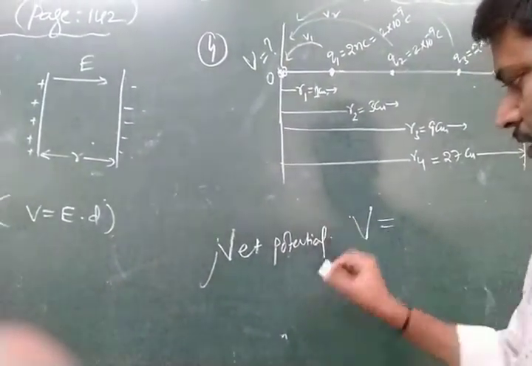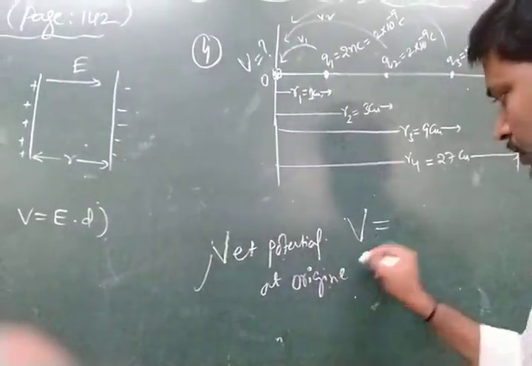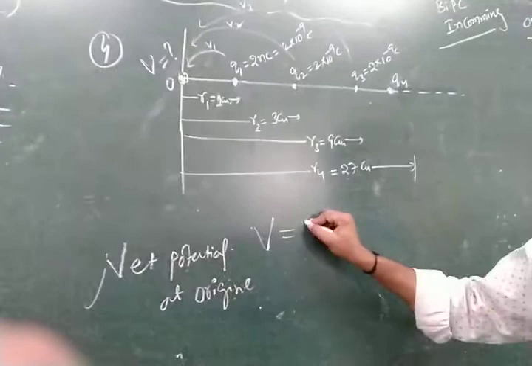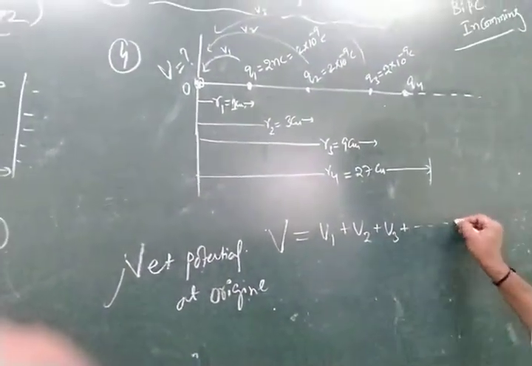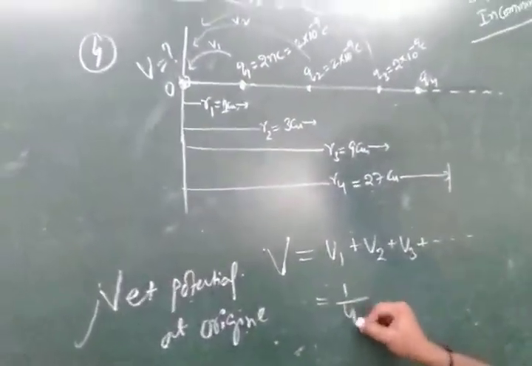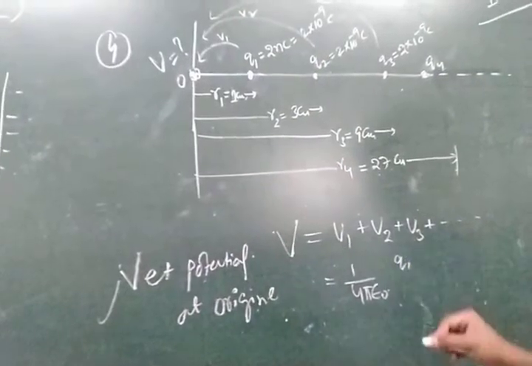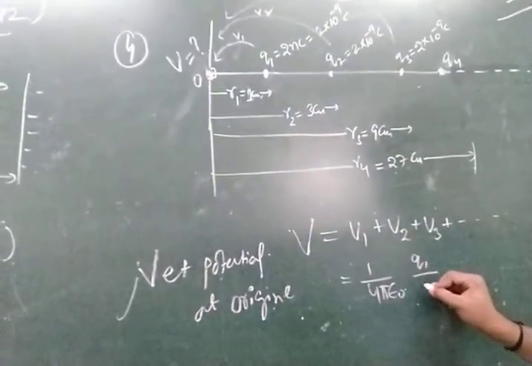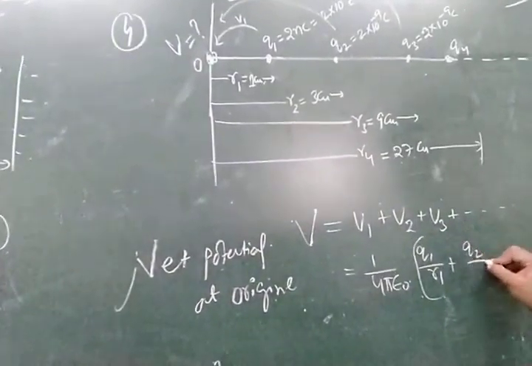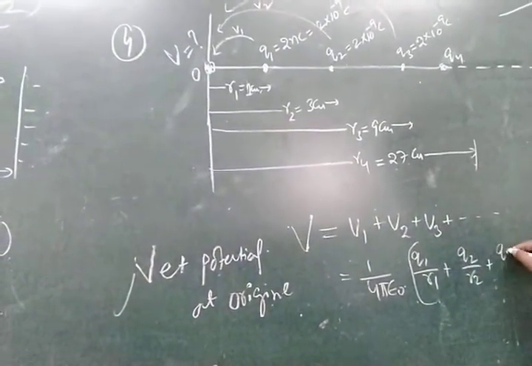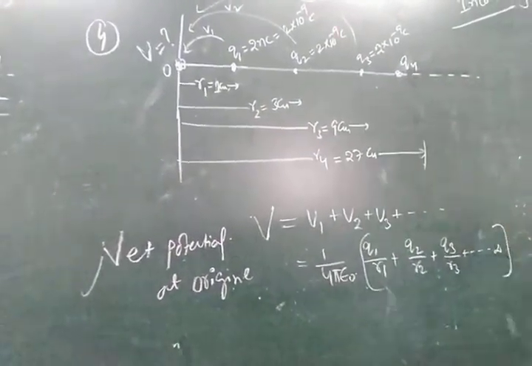Net potential at origin, V is equal to V1 plus V2 plus V3 and so on. V1 is nothing but 1 by 4 pi epsilon naught into charge Q1 by distance R1, plus Q2 by R2 plus Q3 by R3 and so on, for infinity number of charges.